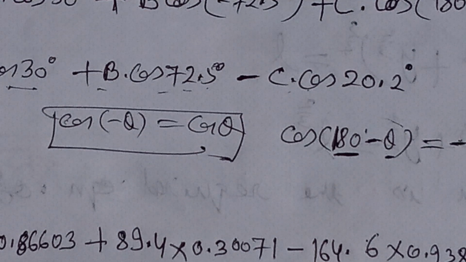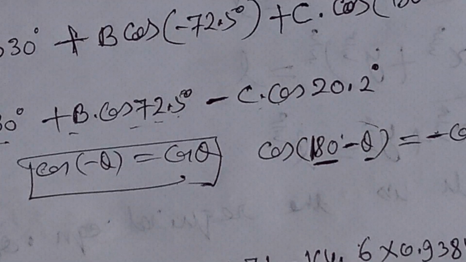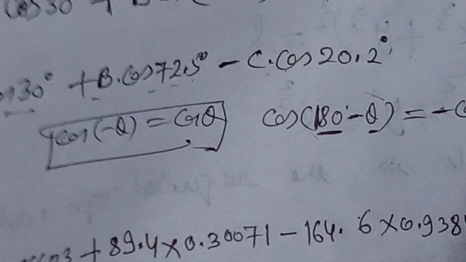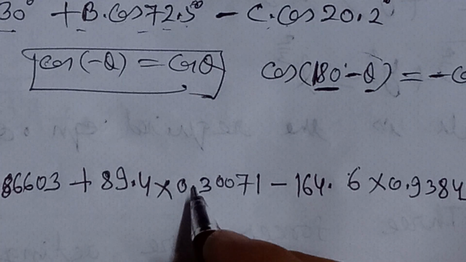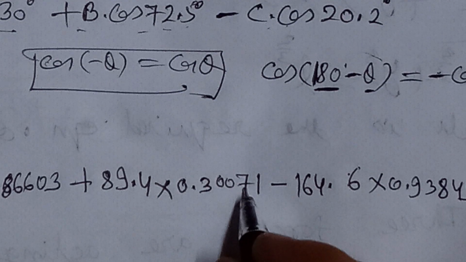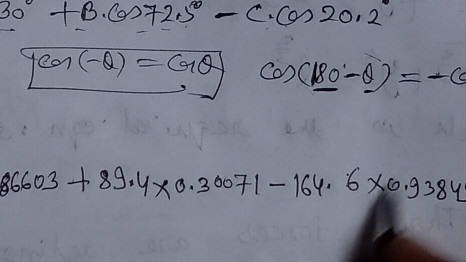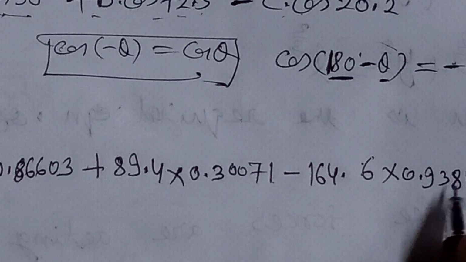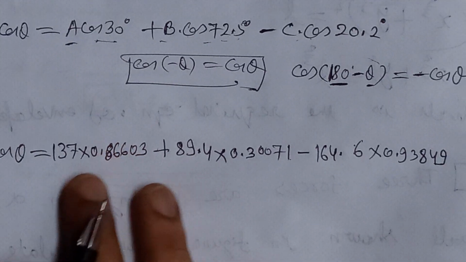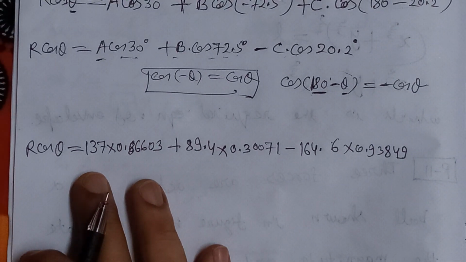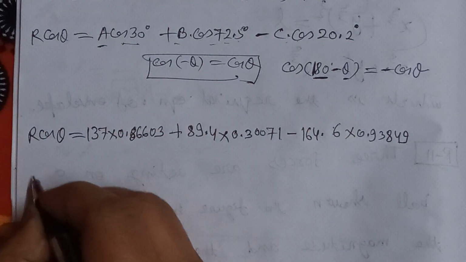This value will match if you also see the same decimal places, 1 2 3 4 5. Here we write the decimal point up to 5 decimal places, so it can vary according to your calculation.